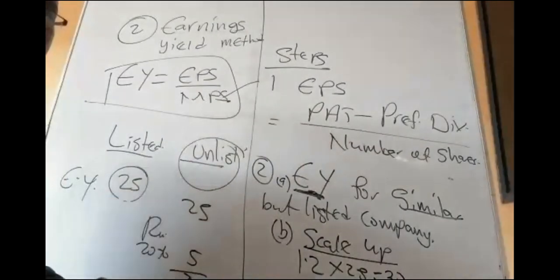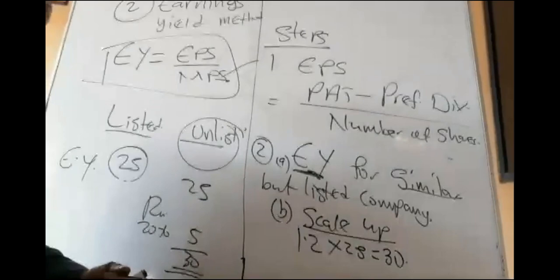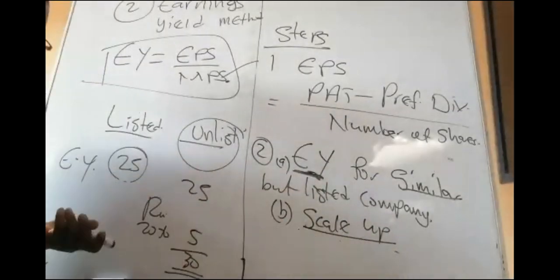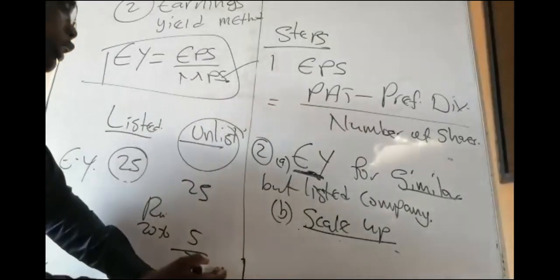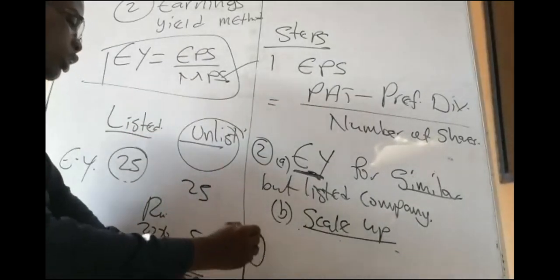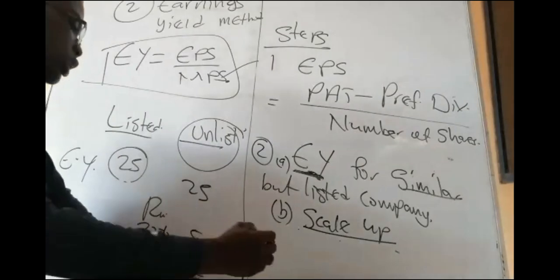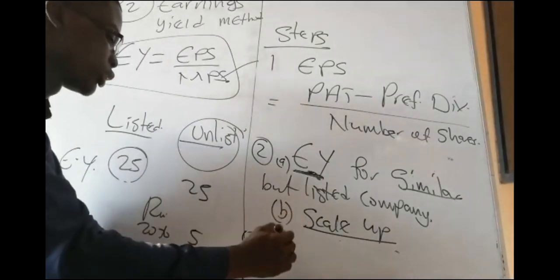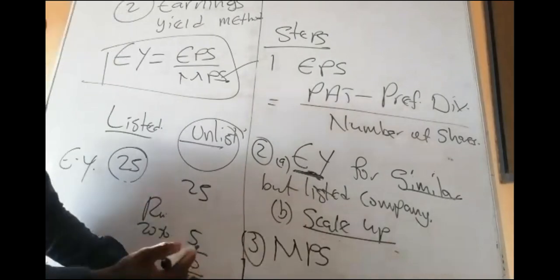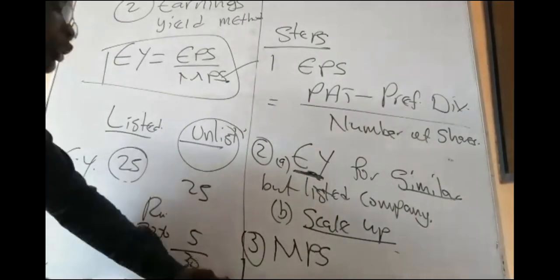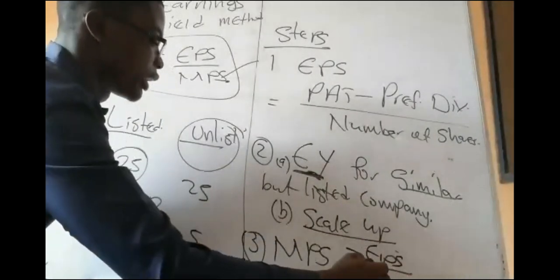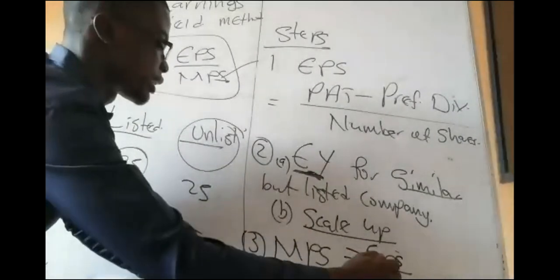Let's go to step 3, because it's a 3-step approach. In step 3, you now calculate the market price, not the earnings yield, for the unlisted company or the company in question. The market price for the unlisted company is equal to earnings per share divided by the earnings yield.